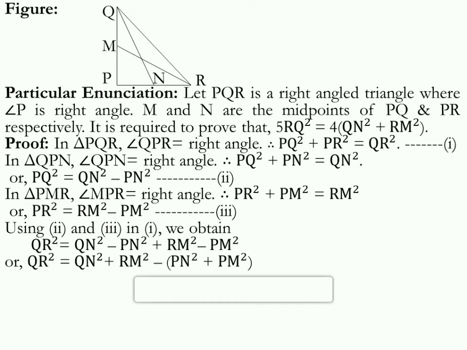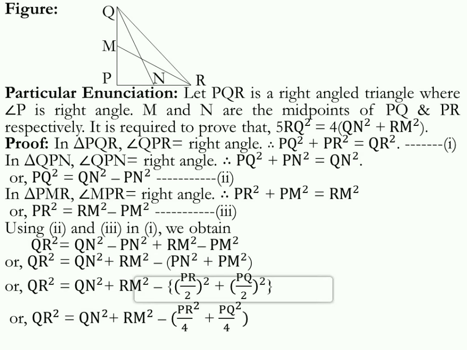Now PN is half of PR, so we can write PR by 2 whole square, and PM is half of PQ, so PQ by 2 whole square. Now it is represented by PR square divided by 4 and PQ square divided by 4. All the remaining terms are the same, so we didn't make any changes there.